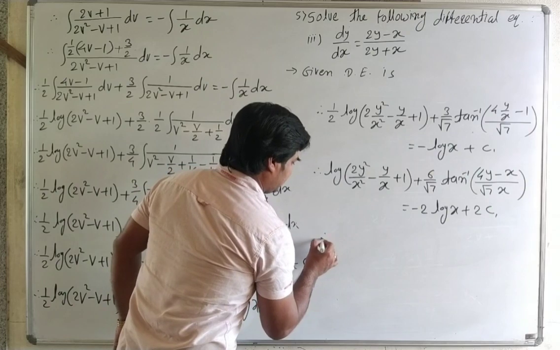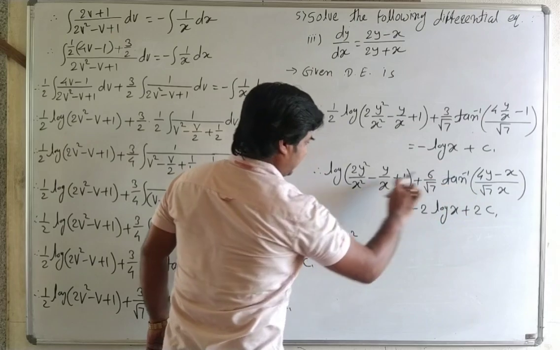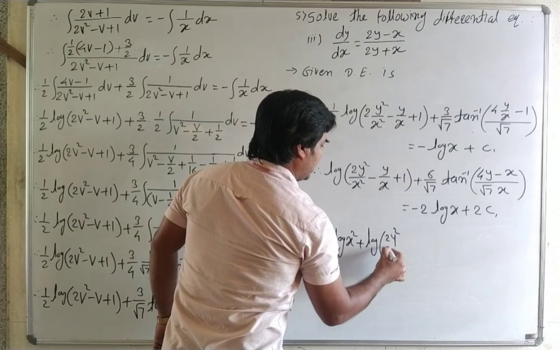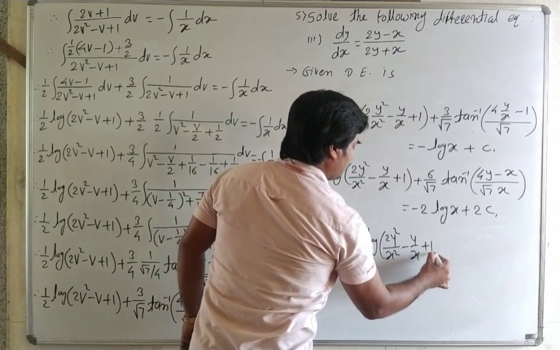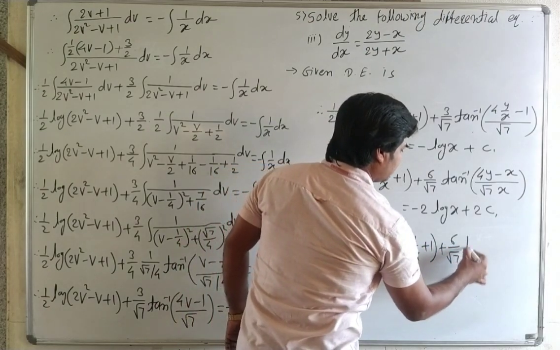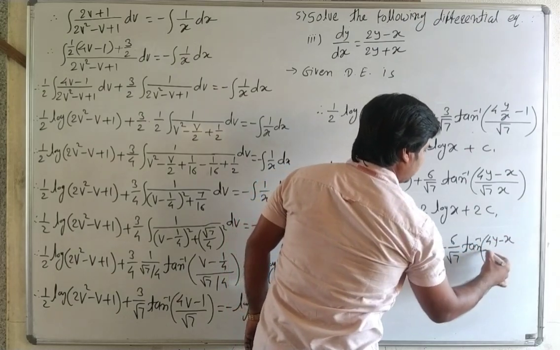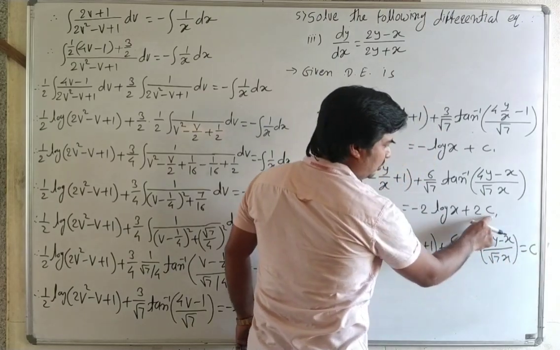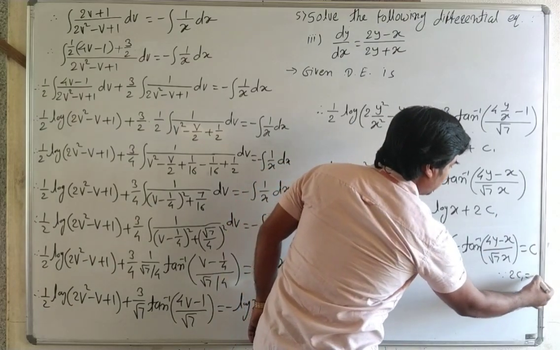Therefore, it is plus log x square, and this term as it is, plus log of 2y square upon x square minus y by x plus 1 plus 6 upon under root 7 tan inverse of 4y minus x upon under root 7x, and is equal to c. Here we can write 2c1 is equal to c.